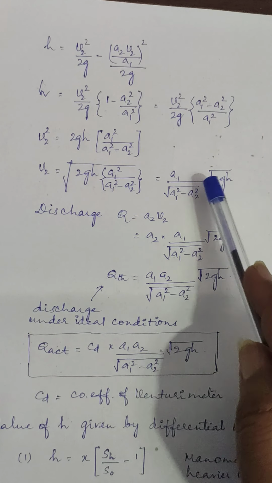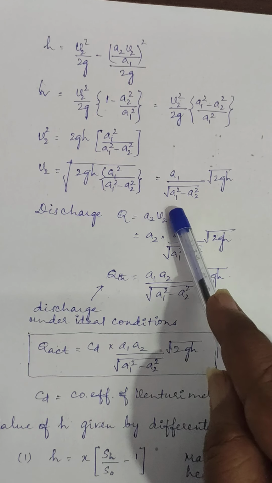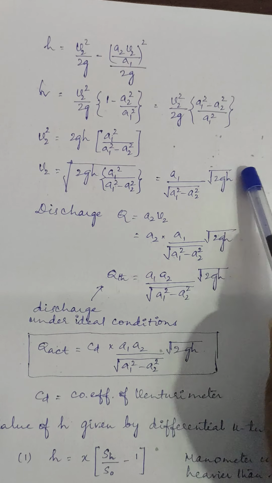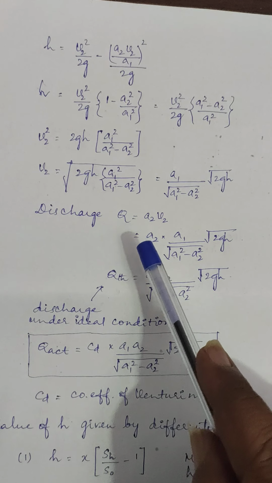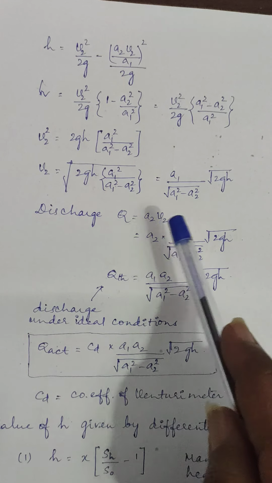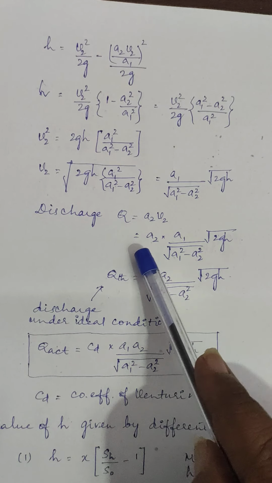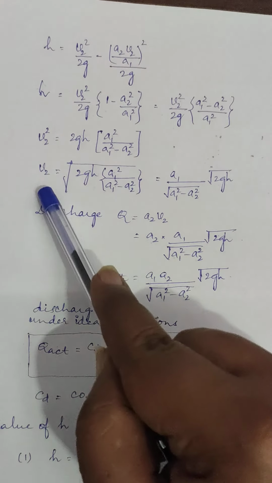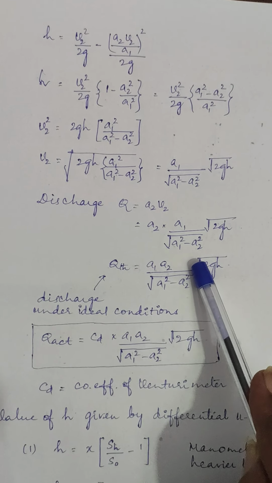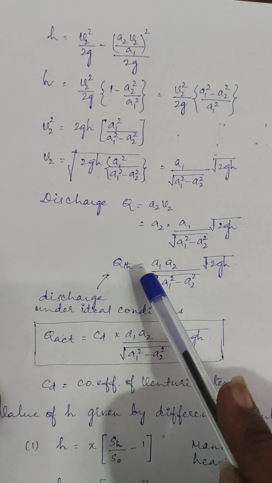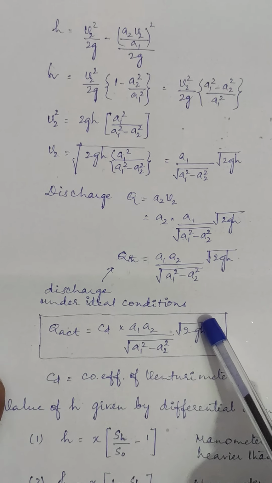If you simplify this, it becomes A1 by square root of A1 square minus A2 square into square root of 2GH. We know that the discharge Q can be written as A1 V1 or A2 V2. So A2 V2, replacing V2 with this quantity. Now this is the theoretical discharge, that is, under ideal conditions.